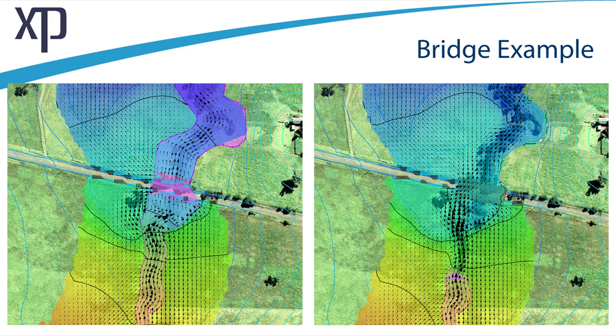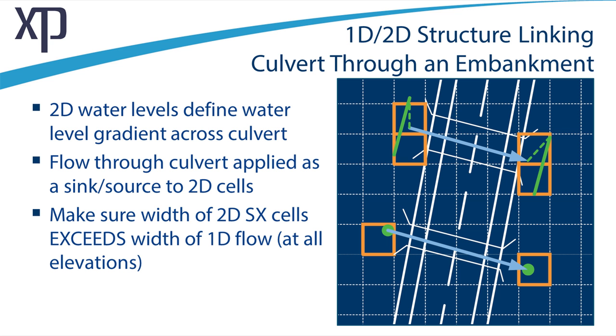And the black lines are water level contour lines, so you can see that there's not a lot of difference, except maybe around where the 1D area is. You'll see some slight differences, but generally speaking, the water levels either side and out on the floodplain are very, very similar, which is, of course, very encouraging. And that's how those results came out. There were no reruns on that example.